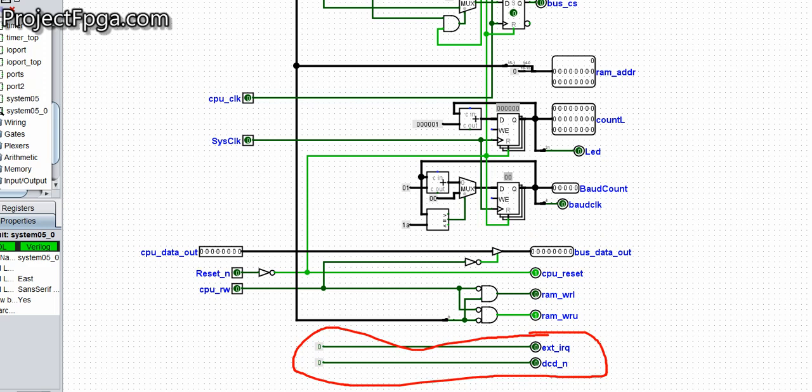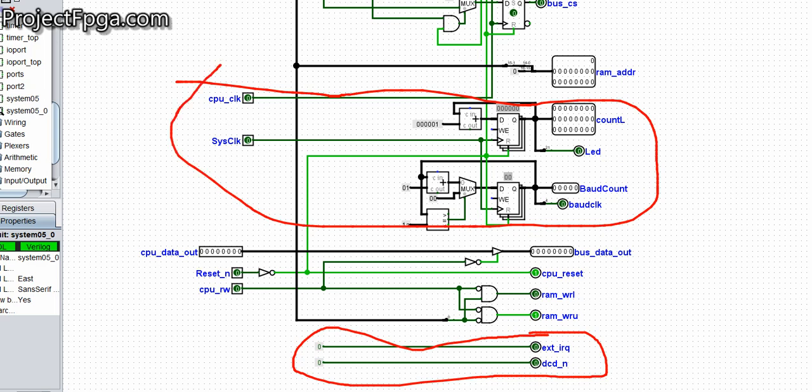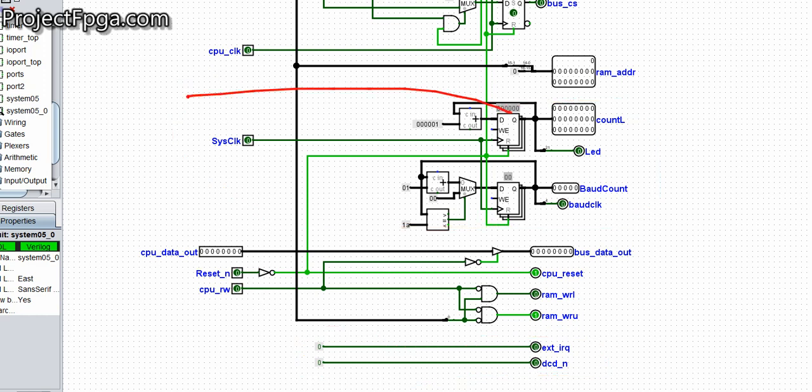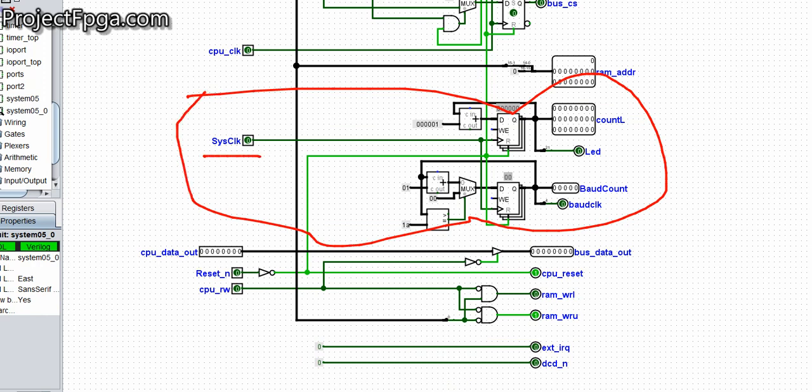From here down uses a different clock. Let me raise this CPU clock up a bit so you see that it's different. So this highlighted circuit here uses this system clock, and it is used to turn on this register.